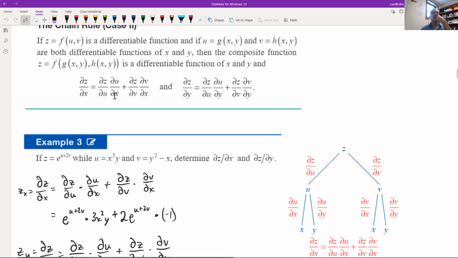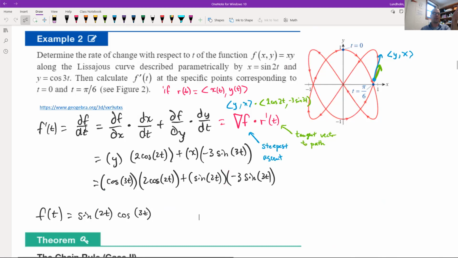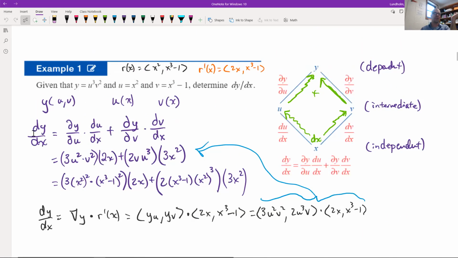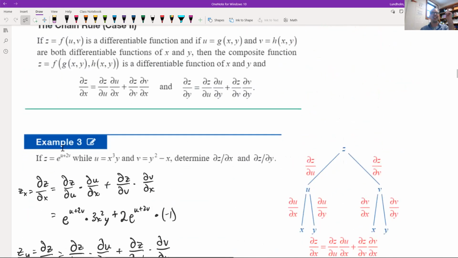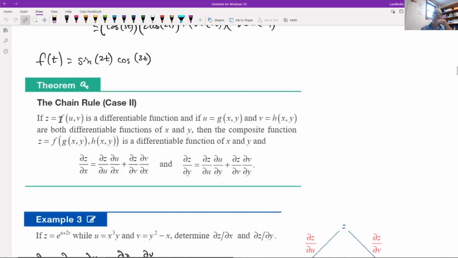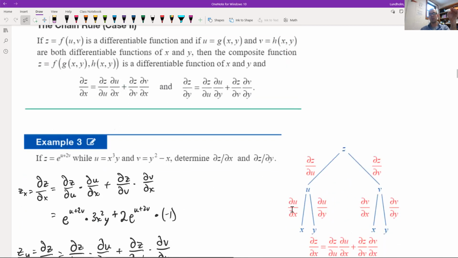And notice that instead of just having one derivative, like here we were able to just find df dt, or here just dy dx, now, where we've got multivariable functions going into multivariable functions, we've got a partial derivative with respect to x, one of our input variables, and another partial derivative with respect to y, our other input variable. So here we've got partial derivatives which are themselves chain rules.